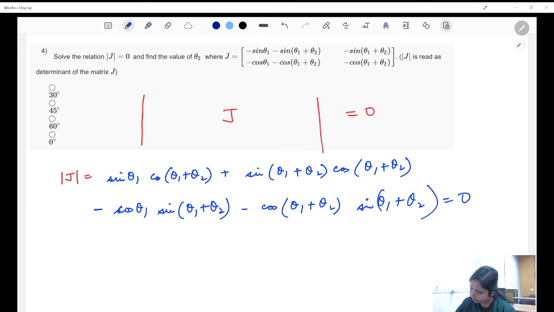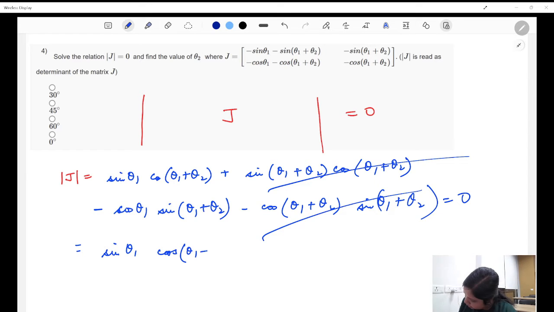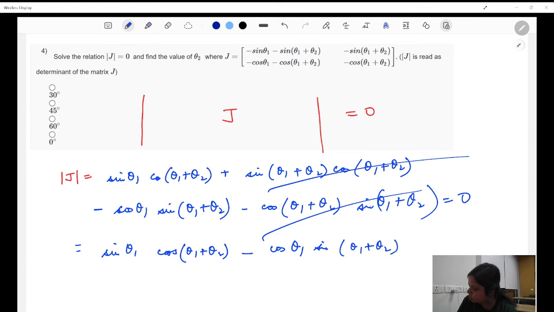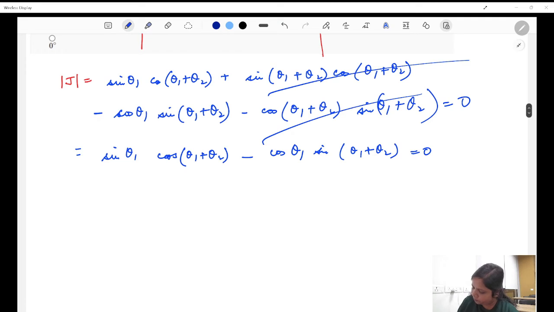Right? These terms cancel out. So what you get is sine theta 1 cos of theta 1 plus theta 2 minus cos theta 1 sine of theta 1 plus theta 2 is equal to 0. Okay, this is what you get, right?